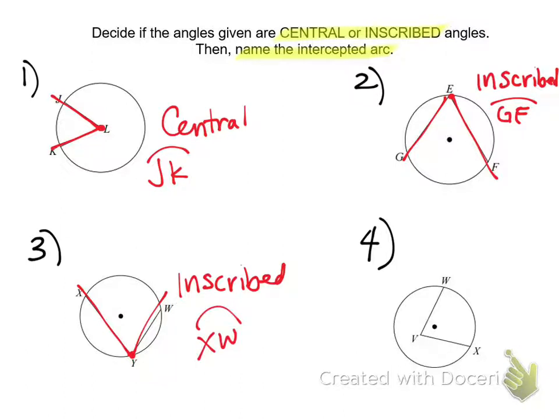Intercepts XW. Where's the vertex on number 4? It's in the circle. It's neither. It's not on the center, so it's not central. It's not on the circle, so it's not inscribed. This is neither. You could still name the intercepted arc. The arc is still WX, but it's not central because it's not on the center, and it's not inscribed because it's not on the circle.